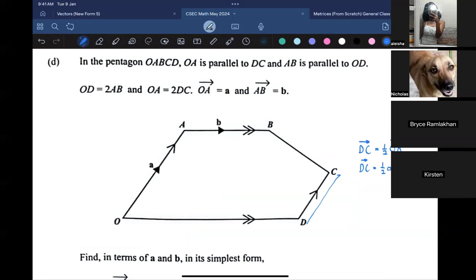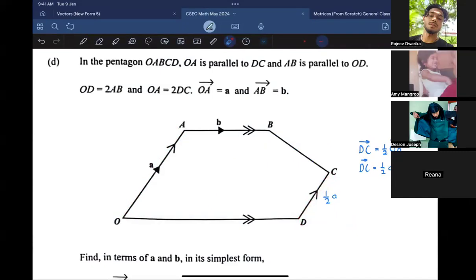So D to C is just half a, right? Just like that, we figured out this vector. The vector for D to C is half a. It's in the same direction as O to A, just half the size. Does that make sense? Yeah.